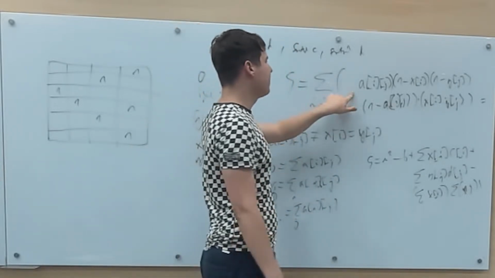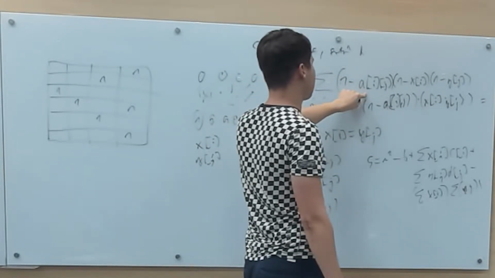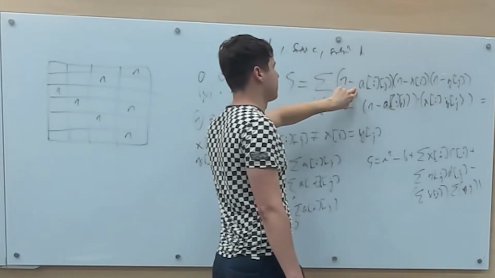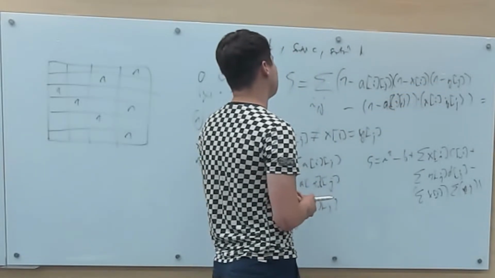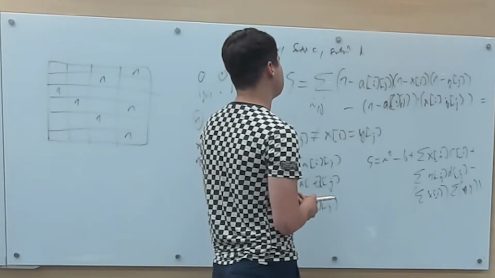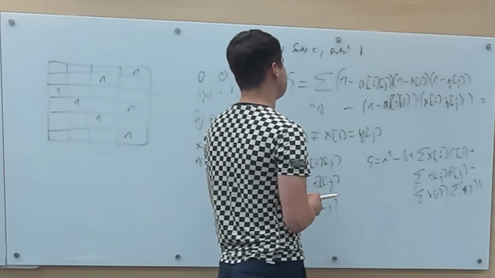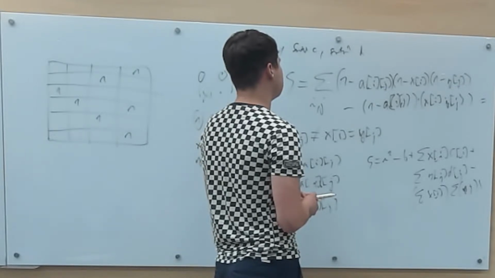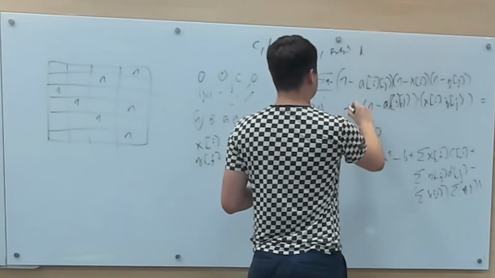If here we have a guy with 1, then, no wait a minute, if this guy is 0 and we picked both zeros, yeah. Maybe it should be 1 minus this.